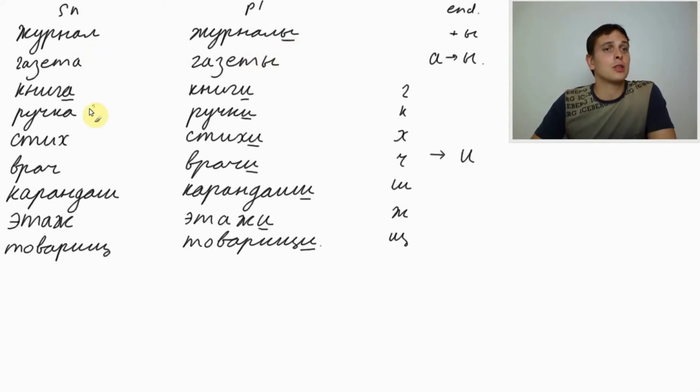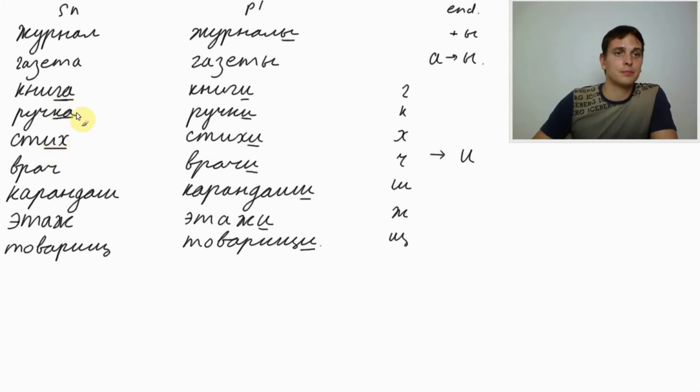Not so for the words which end in Г, К, Х, Ч, Ш, Ж, and Щ. How will we deal with words like книга and ручка? Because they're not ending in consonants, they're ending in A. Well, for this we need to look at the last two letters. So technically we're looking at the last two letters.